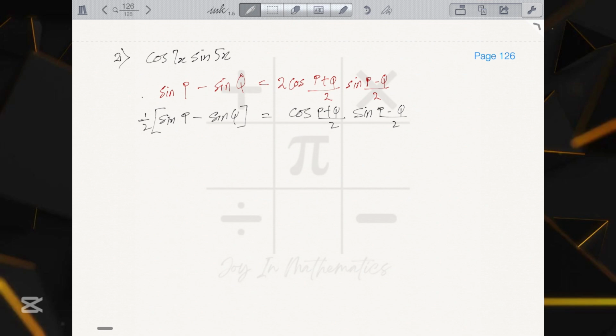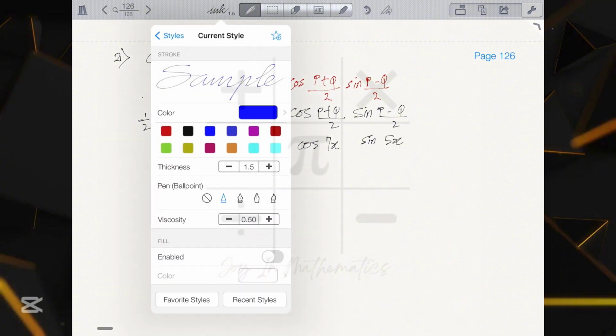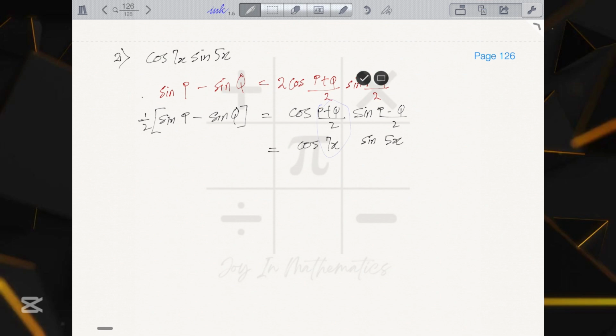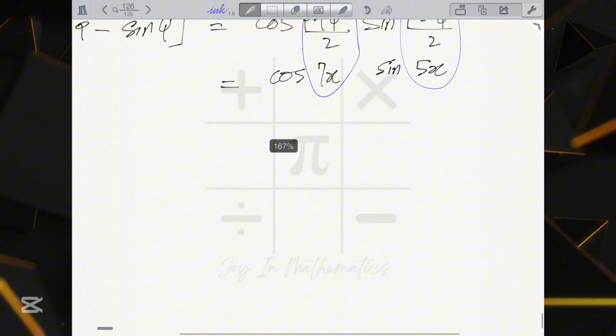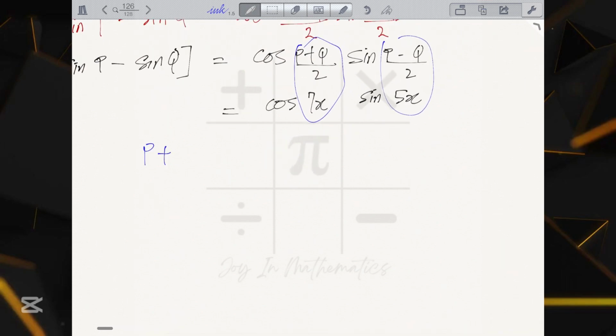So with this now, we can find the values of p and q, because we understand that the question is cos 7x sine 5x. So we are saying in essence that p plus q over 2 is equal to 7x, and p minus q over 2 is equal to 5x.